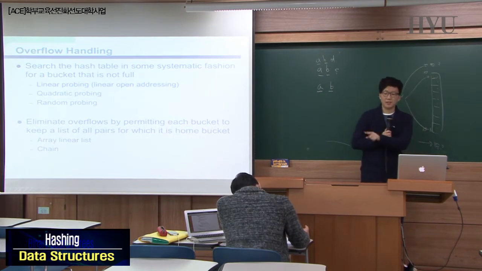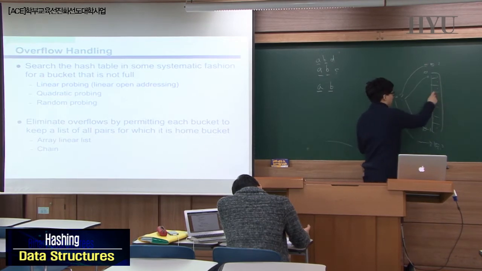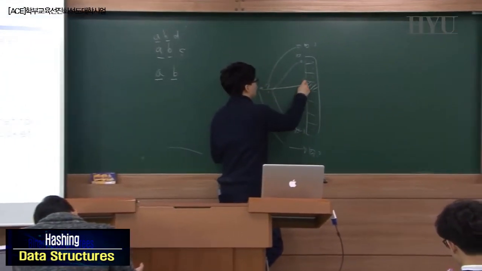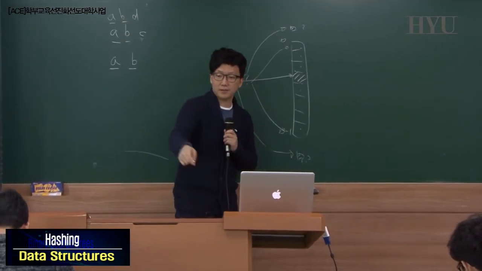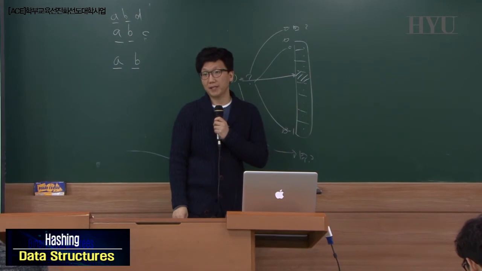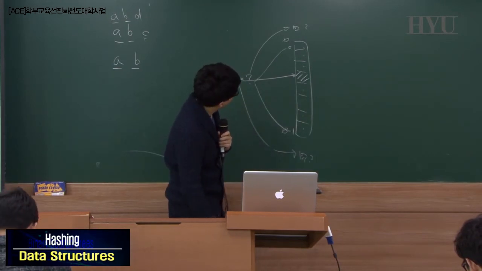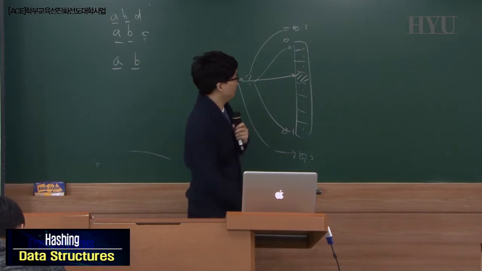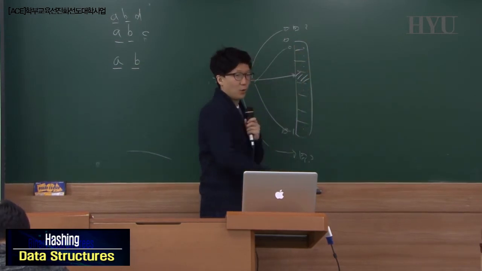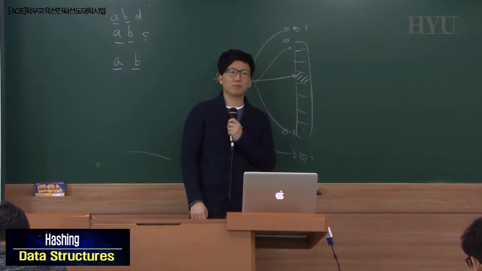So they simply say, try to find a systematic way of finding empty spots. If this is empty, this is my home bucket, some function referring to here. So we need to find some way to find an empty bucket in the list. What can you do? Just looking at this, it seems the others are all empty. What might be the easiest way of doing this?